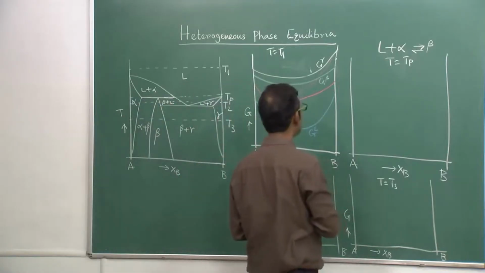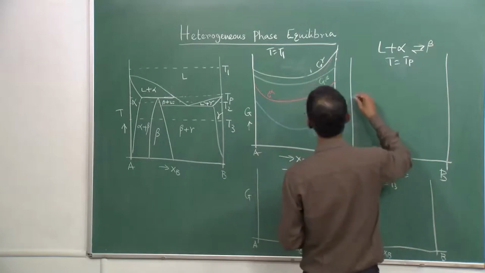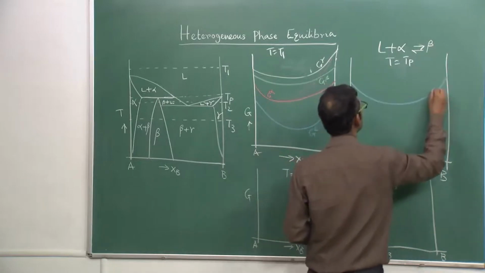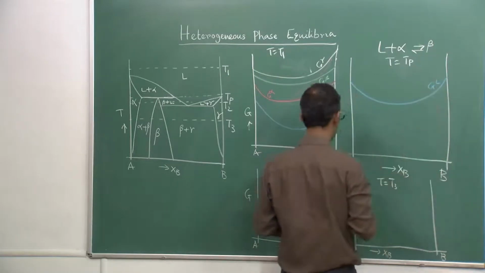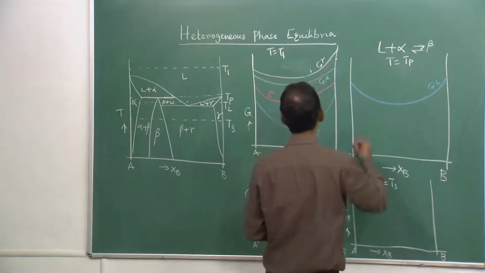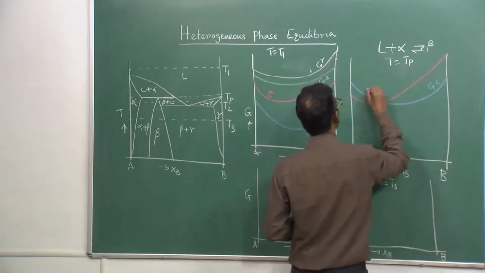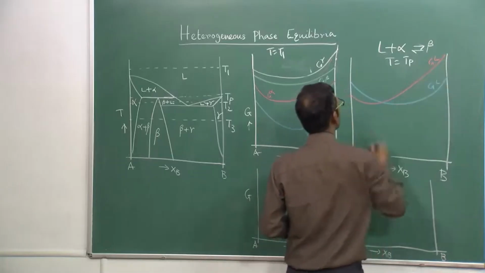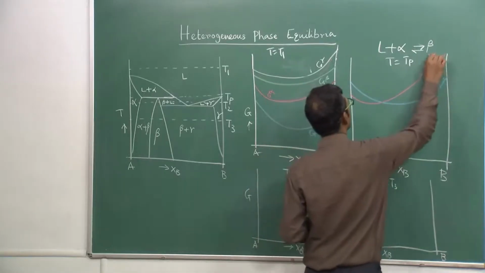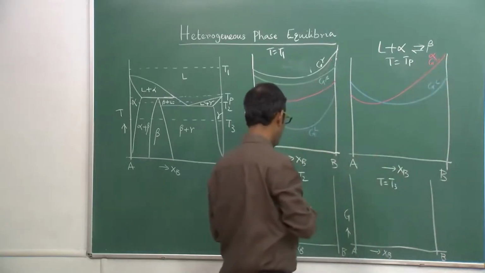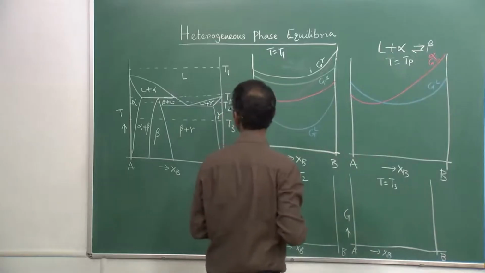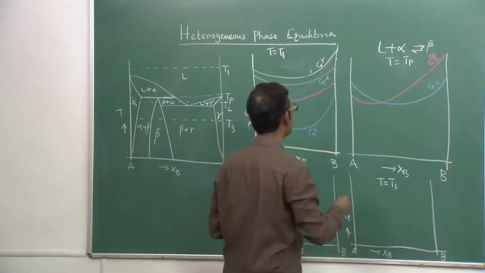Liquid is blue, so liquid is kind of like this. This is GL, then alpha will cross over, this is G alpha, not GL, and then you have beta will be also crossing over somewhere there.